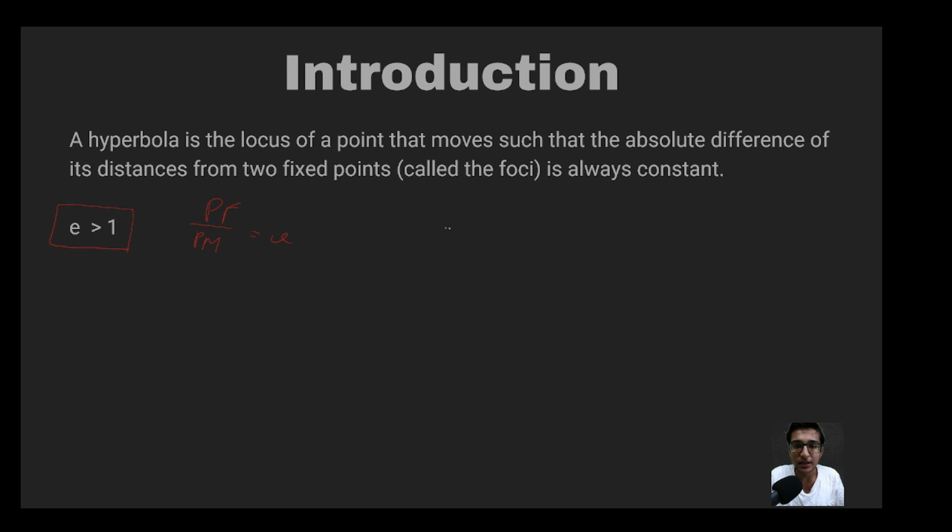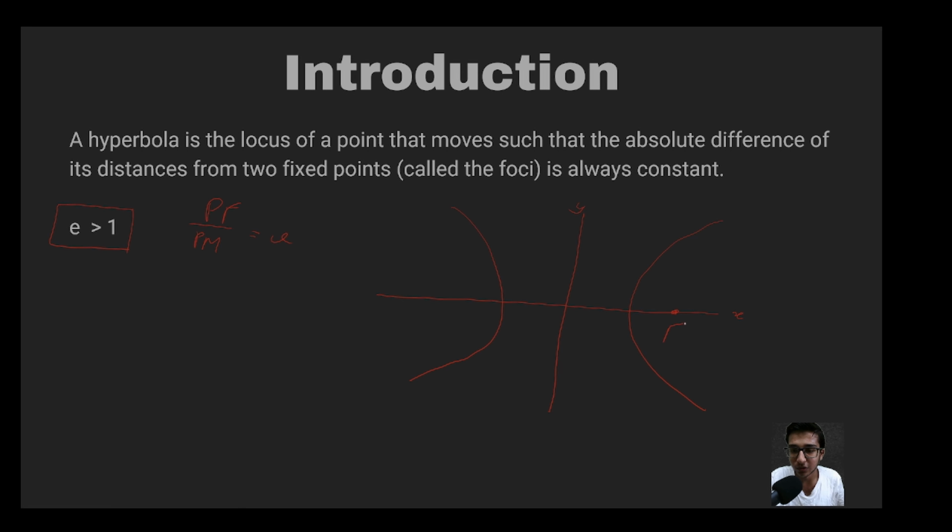Now again, in case of hyperbola, there are two foci. Let's say this is our x and y axis. This is our y axis, this is our x axis. So how do our hyperbolas look like? Our hyperbolas are somewhat like this. Just to remind you, hyperbolas are not parabolas. They always come in pair and they have two directrices and two foci.